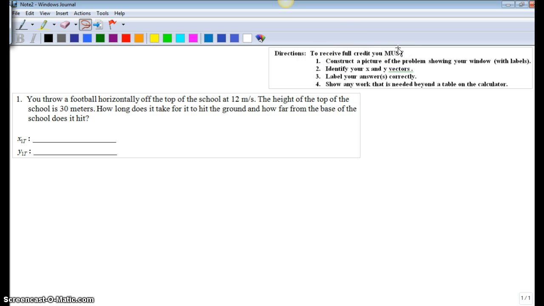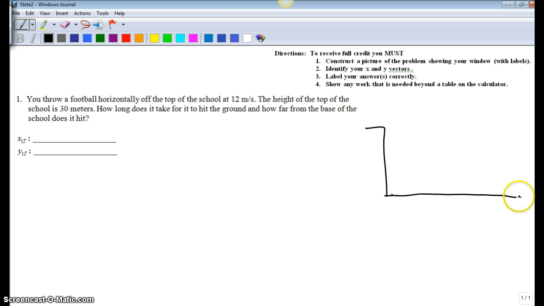So the first thing we're going to do is construct our picture. Our picture is going to look something like this. We've got our building, ground, and football straight out. I'm going to draw that vector. That straight across is 12 meters per second.